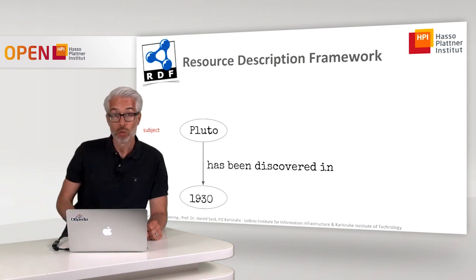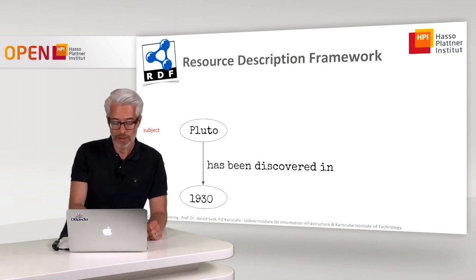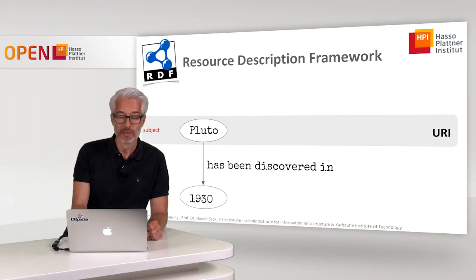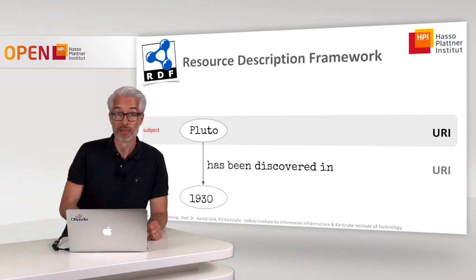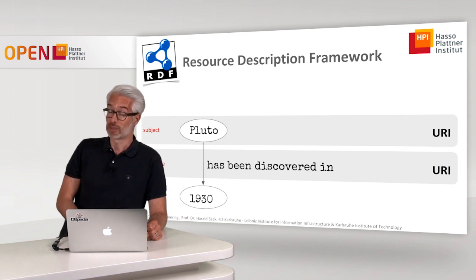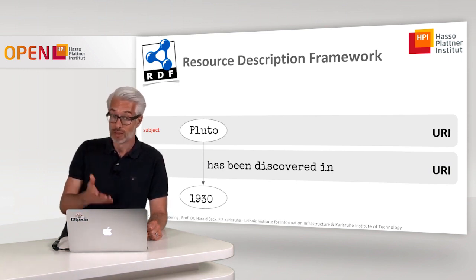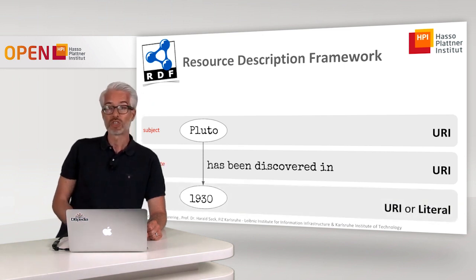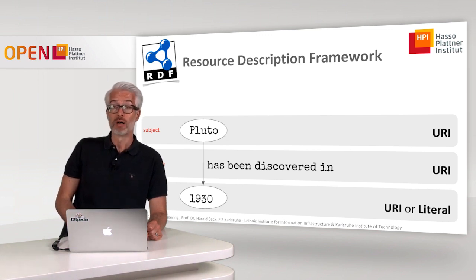So we have: Pluto has been discovered in 1930. You see here, this is Pluto. We need a URI for that. This here is the predicate or property. We also need a URI to identify that one. And then, of course, we have the object, which can be either another entity, then we need a URI, or it can be simply a value, which then is expressed as a literal.